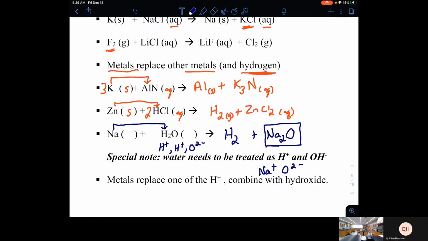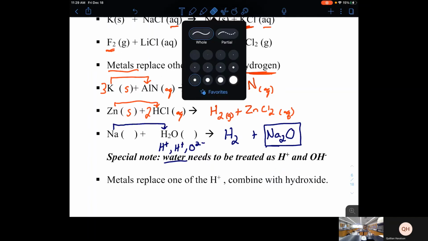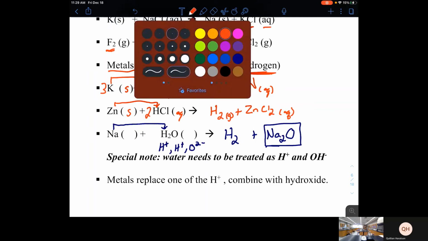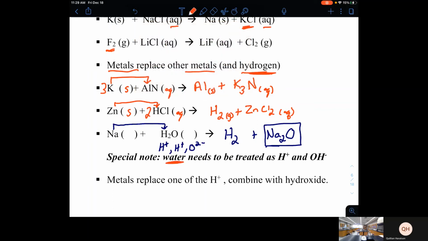The way that water is really made up is of H plus. So let's look at the real way. I'm going to change this back to red. Water is made up of H plus and also OH minus, which means that when the H plus comes together with the OH minus, it produces HOH.